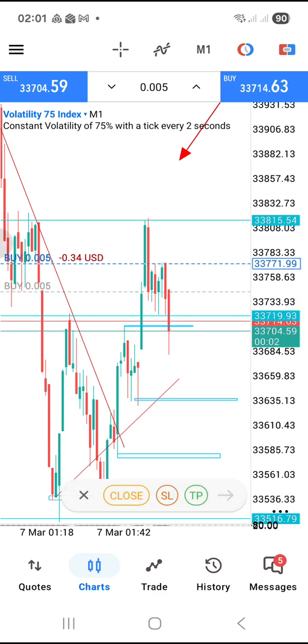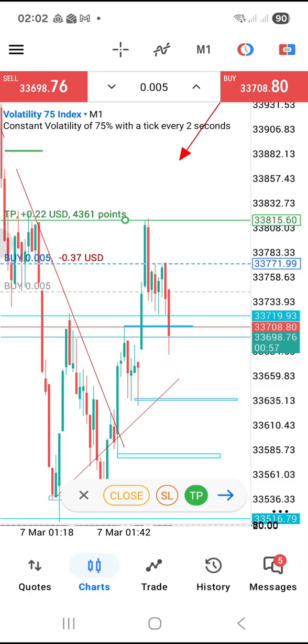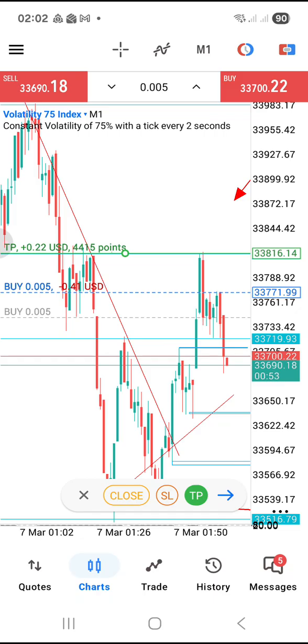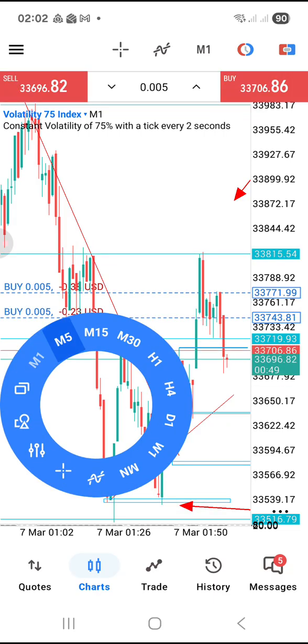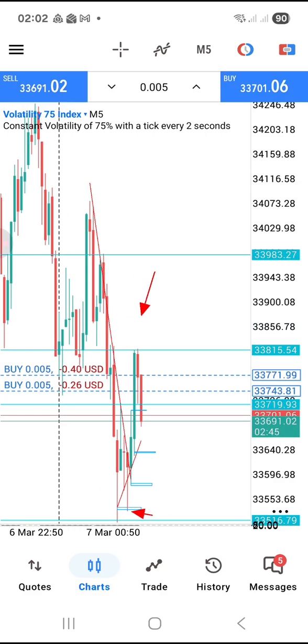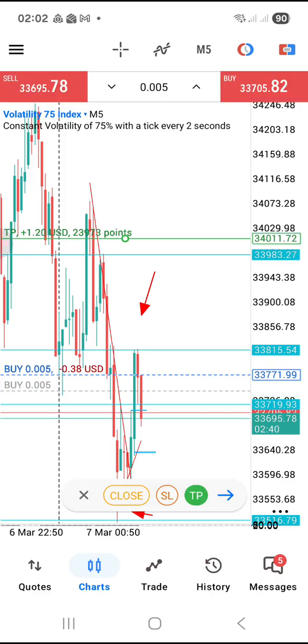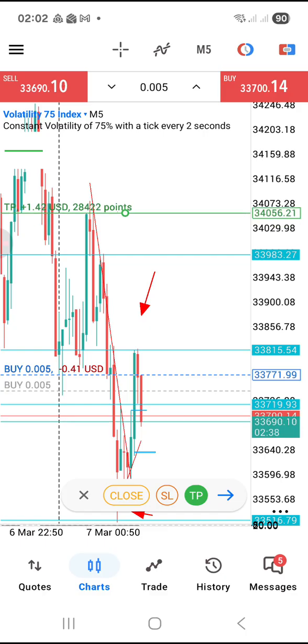So remember, the main pressure is downward, so we are not keeping the market for too long. We just take a very small profit and we get out. Wait for it to resume downward. We go to the 5 minutes time frame to check our possible profit area. It might not go beyond this point.